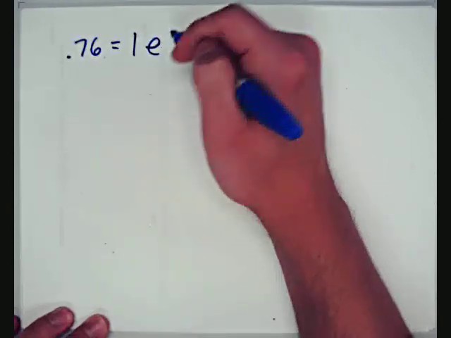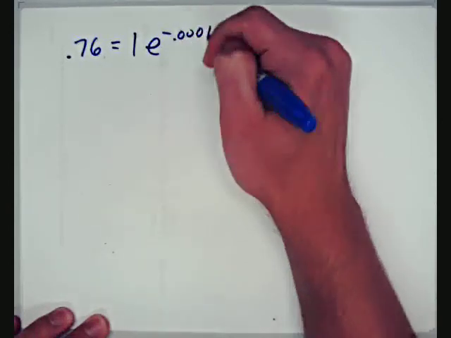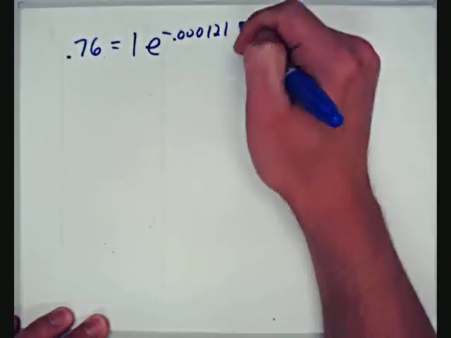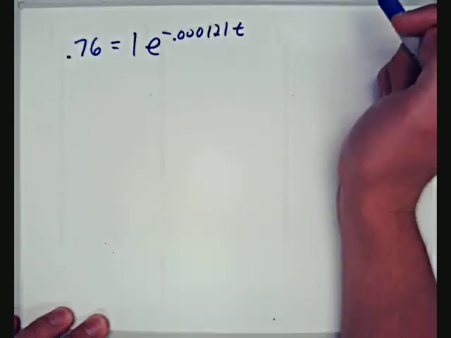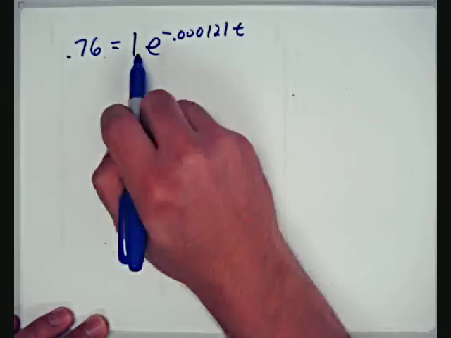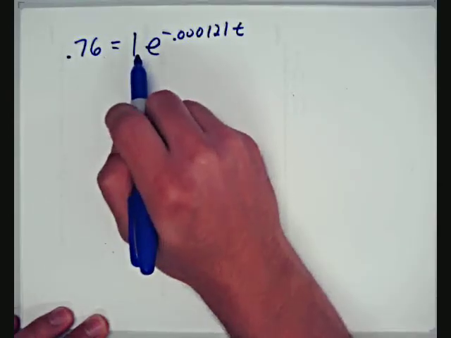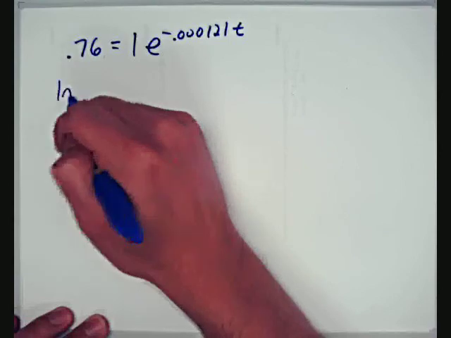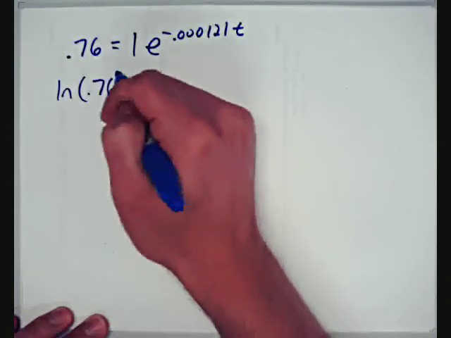And then e to the negative 0.000121 t power. We wish to solve this for t. The exponential is alone already because we have a 1. So we'll proceed to taking the natural log of both sides.